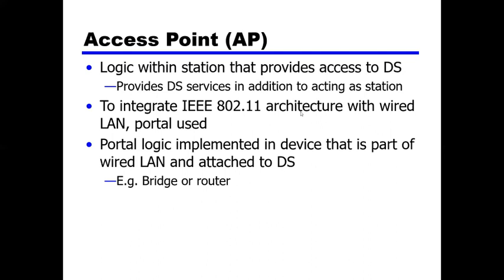So what is an access point? That is considered here as a logical workstation that should provide DS or data services to the additional acting stations, to integrate the IEEE 802.11 architecture with the wired LAN, or portal is used.